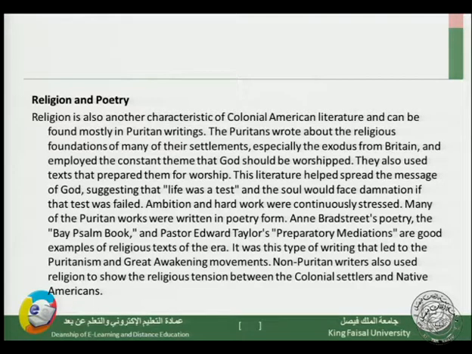Religion is also another characteristic of colonial American literature, and can be found mostly in Puritan writings. The Puritans wrote about the religious foundations of many of their settlements, especially the exodus from Britain, which is immigration or escaping from Britain, and employed the constant theme that God should be worshipped.